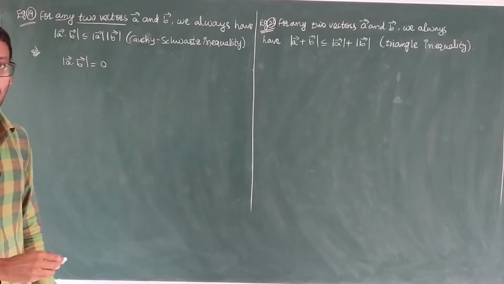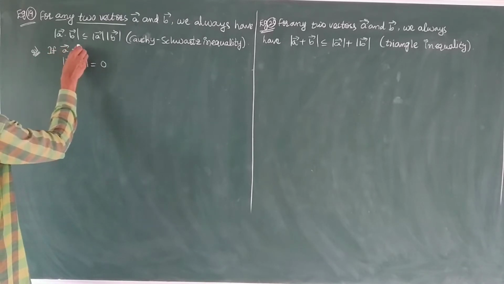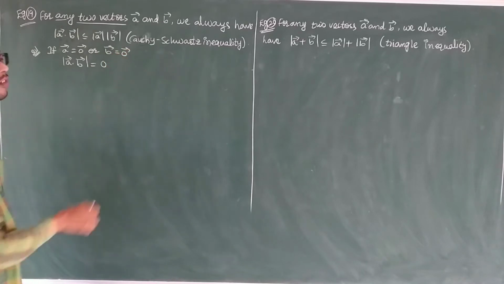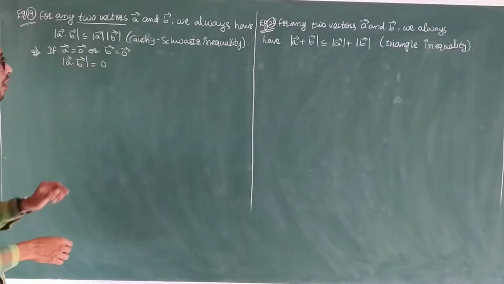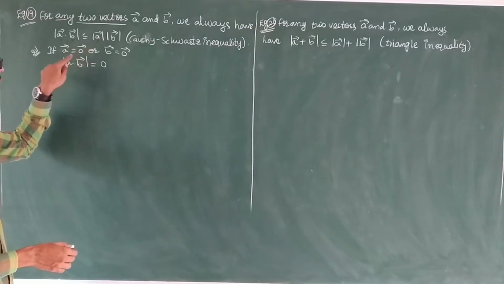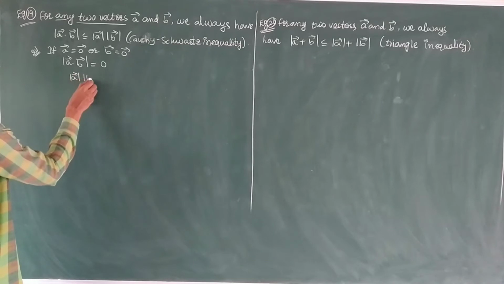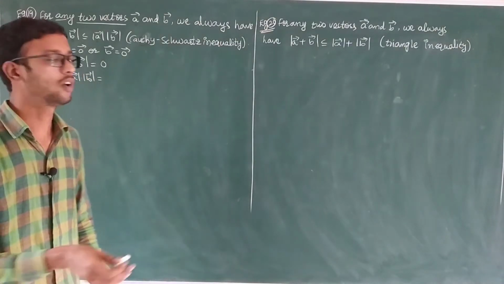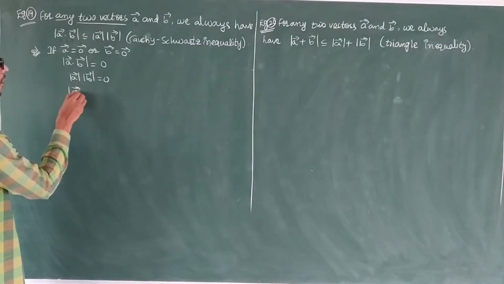You will get this if A bar is equal to 0 or B bar is equal to 0, any one is a zero vector. So that time the left side equals 0. On the right, if one magnitude is 0, then magnitude of A bar into magnitude of B bar is 0, since one value is 0 and the other is a number, and 0 into anything is 0.